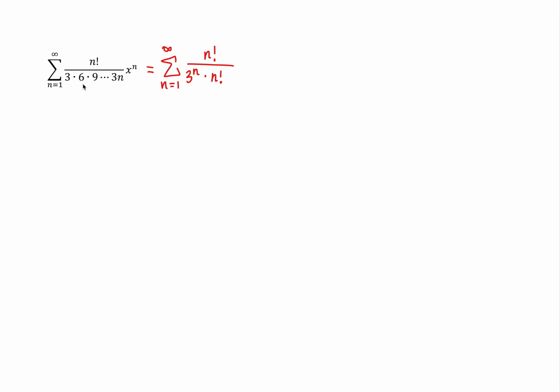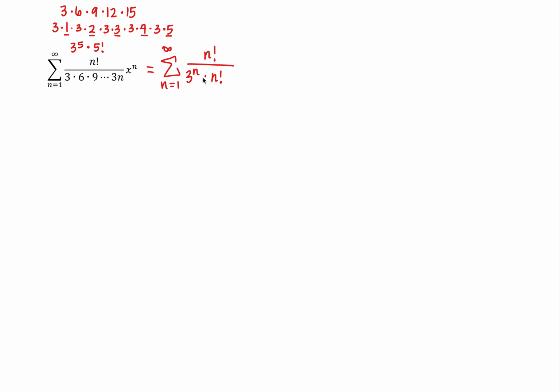And just to show you how that would work, let's say that the n value here is just 5. So this would be 3 times 6 times 9 times 12 times 15. So that's 3 times 1, 3 times 2, 3 times 3, 3 times 4, and 3 times 5. Well, the 1, 2, 3, 4, 5 is 5 factorial, and then there's a 3 for each, so it's 3 to the 5th times 5 factorial.